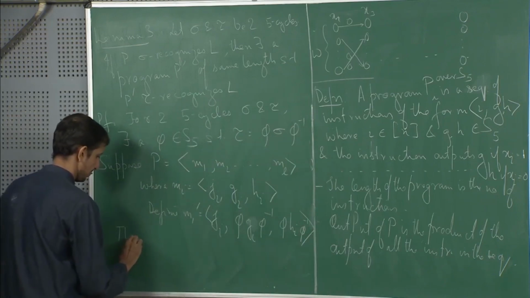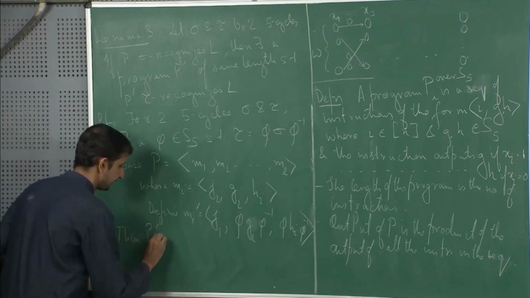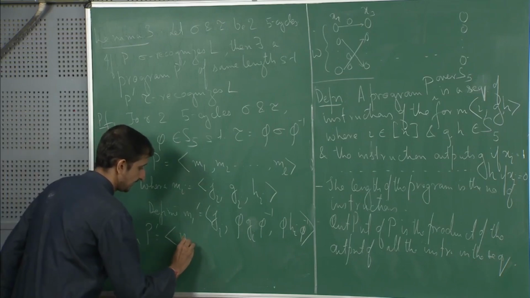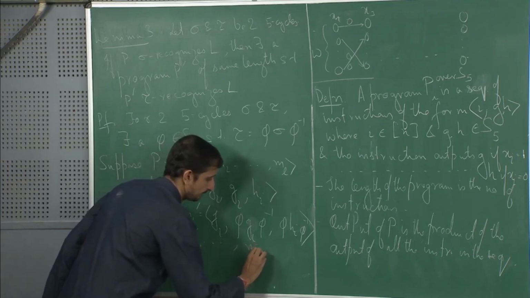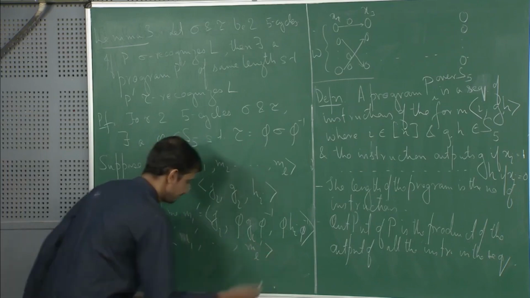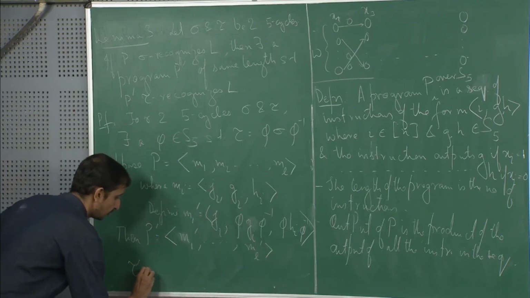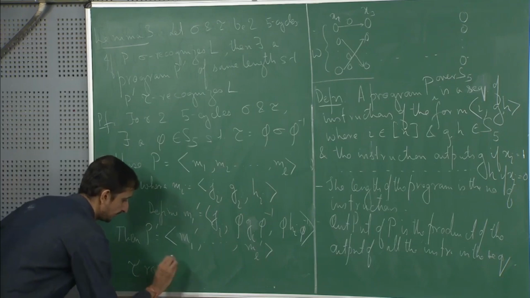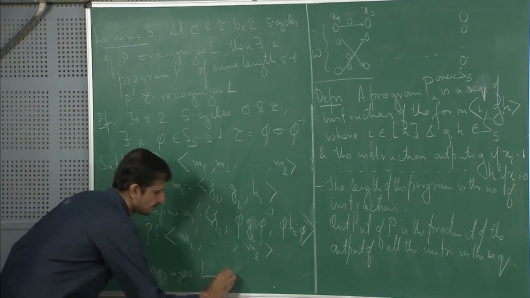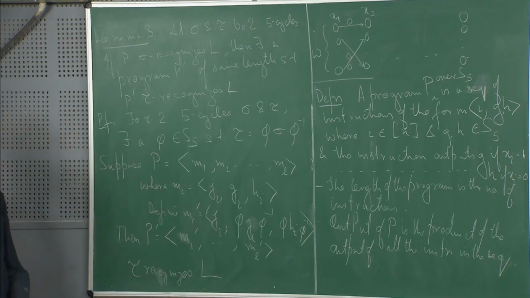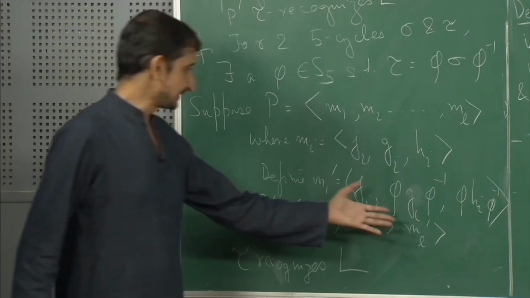Then P prime, which would be M1 prime up to ML prime, recognizes the language with tau, because it is very simple.